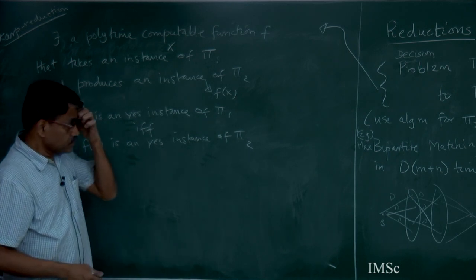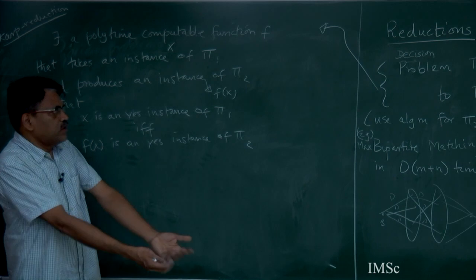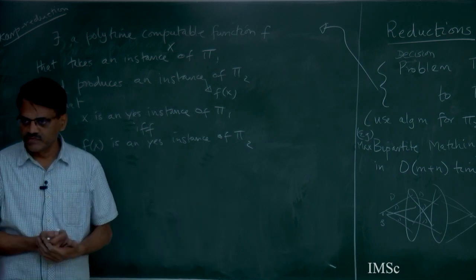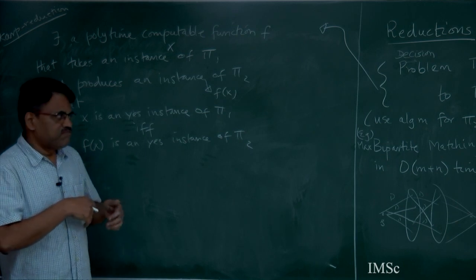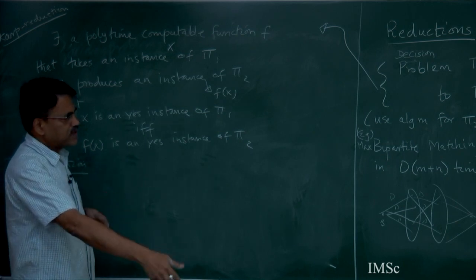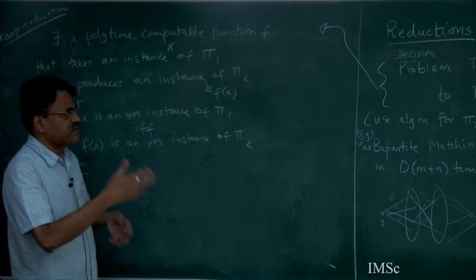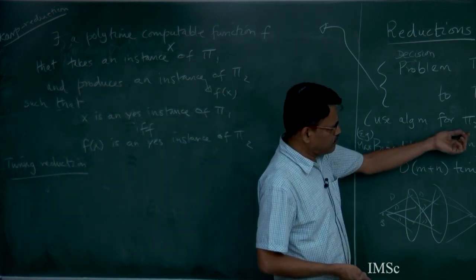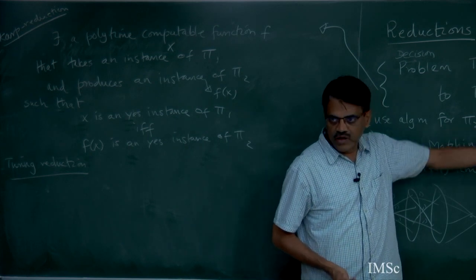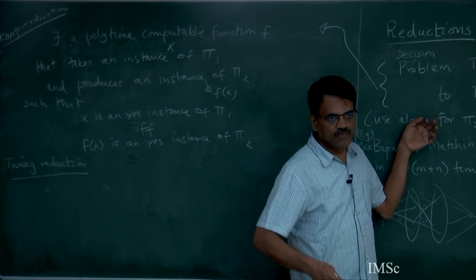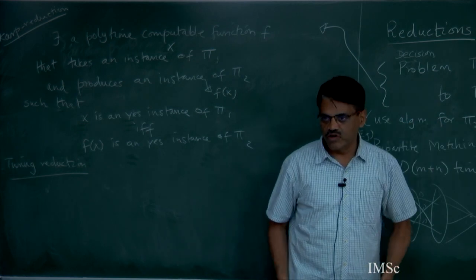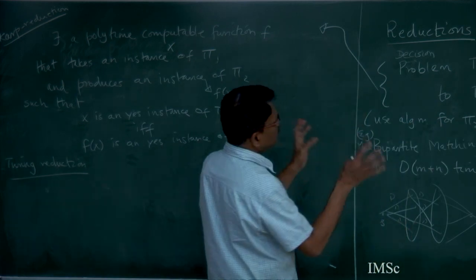Now, I could call the algorithm for the other problem multiple times. Why only once? I might take this, produce that input, solve it, and do this several times, because ultimately my aim is to use the algorithm for pi 2 to solve pi 1. I might use this algorithm polynomially many times. So think of it as an oracle.